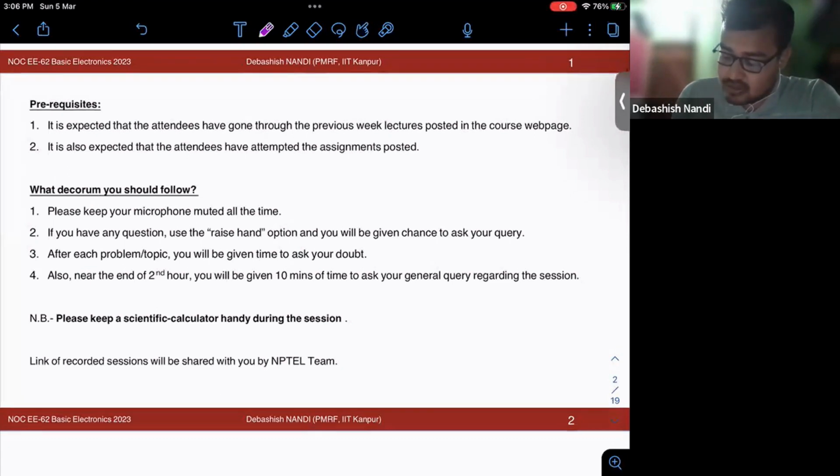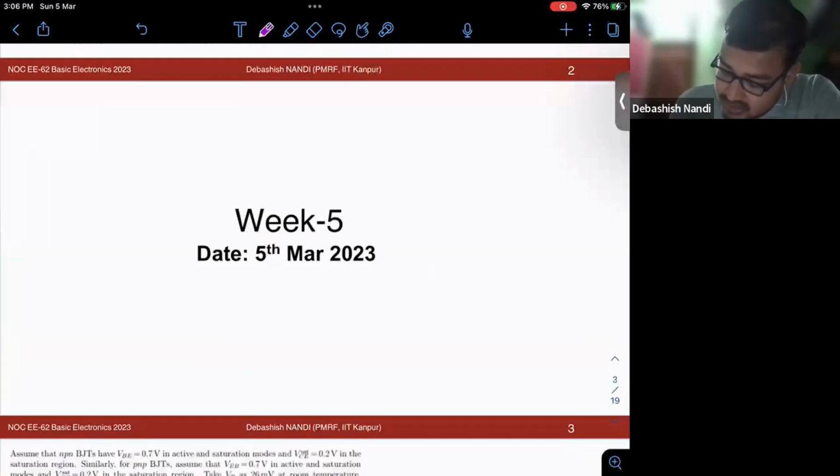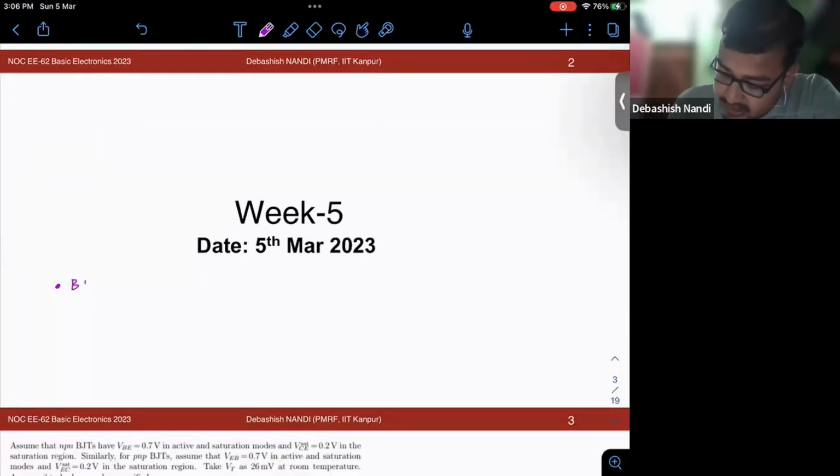Okay, so let's begin. This is week 5. Today is 5th March. So today we'll be basically discussing BJT common emitter amplifier configuration.